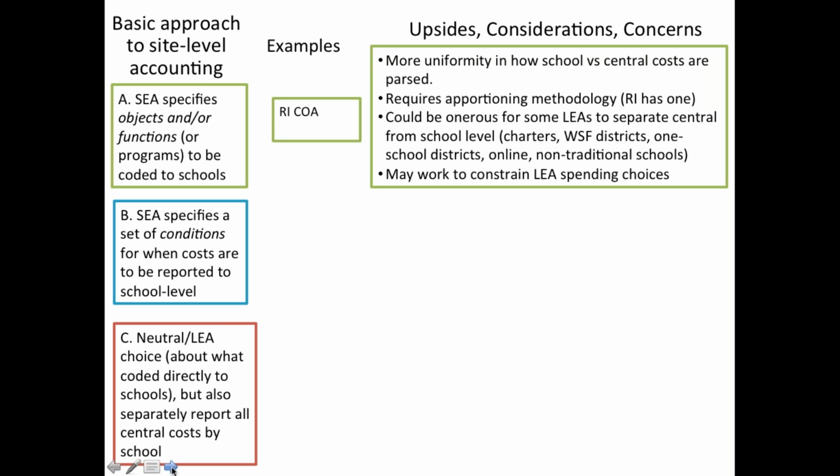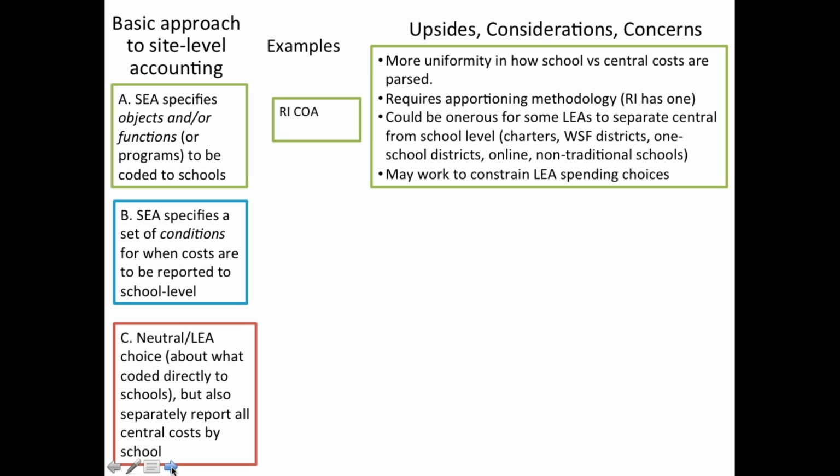And the upsides or considerations and concerns were that it gives more uniformity in how school versus central costs are parsed. It does require an apportioning methodology, like the example in Rhode Island. It could be onerous for some LEAs. This is kind of on the downside, to separate central from school level.